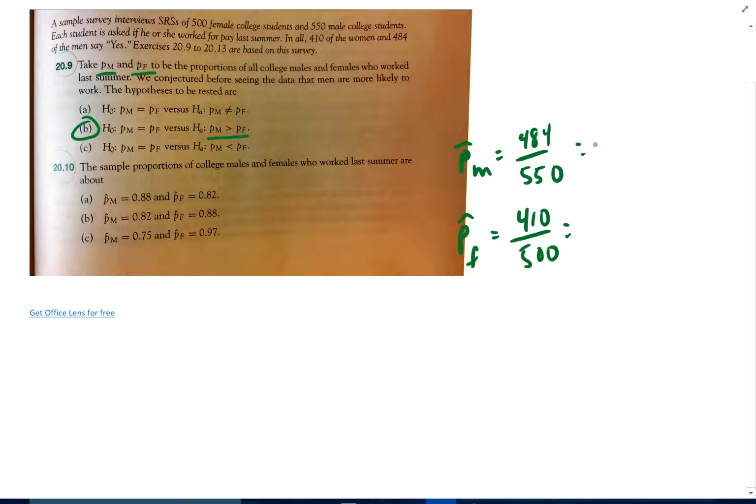So 484 divided by 550 is going to be 88%. That's the males. So PM is 88, so that's going to be this one right here. And just to double check, 410 divided by 500 is in fact 82%, so we're good on that one.